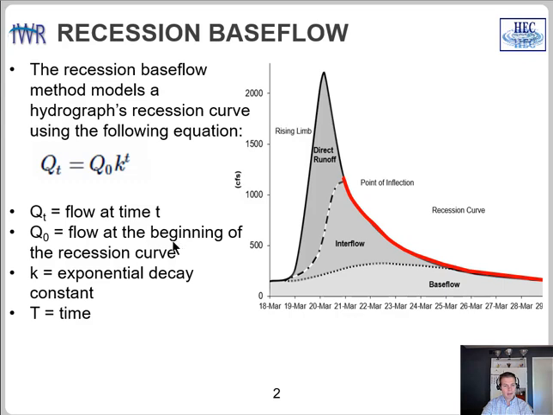For example, if we had an exponential decay constant of 0.5, then 2 or 3 days into the future, that 0.5 would be raised to a power based on hours or days. And you can see that any value between 0 and 1, if it is raised to a power, is going to become much smaller.